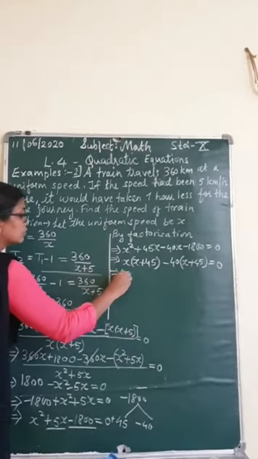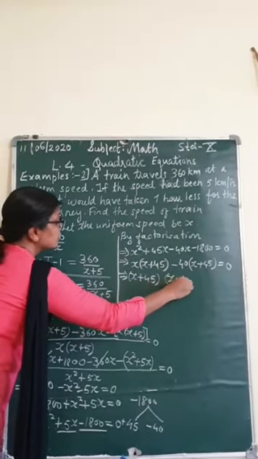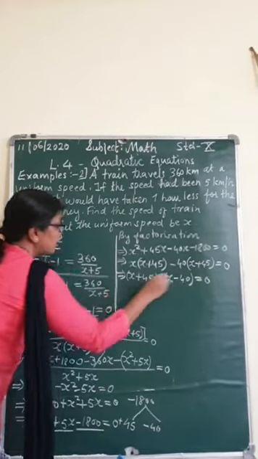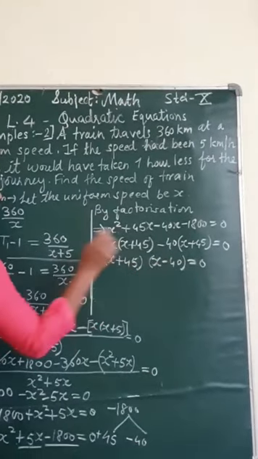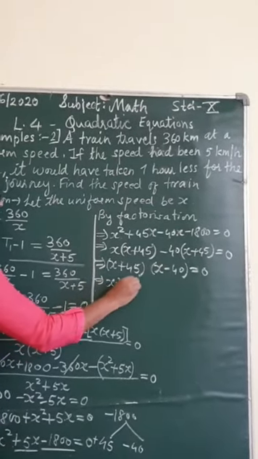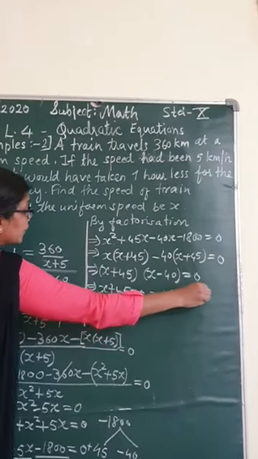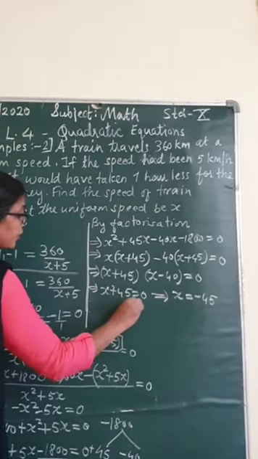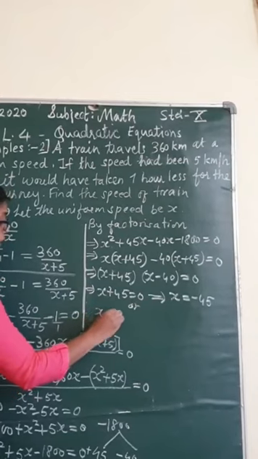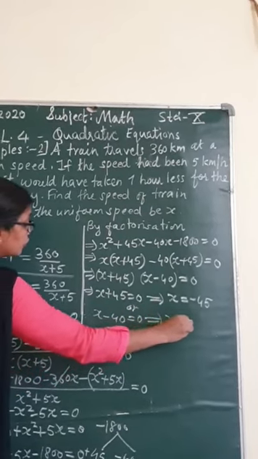So the factors in linear form we get as x plus 45 in one bracket and x minus 40 in the other bracket. So that gives us x plus 45 is equal to 0, which means x is equal to minus 45, or x minus 40 is equal to 0, which gives us x is equal to 40.